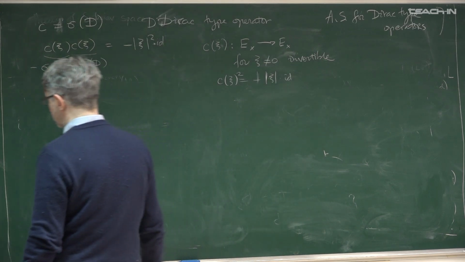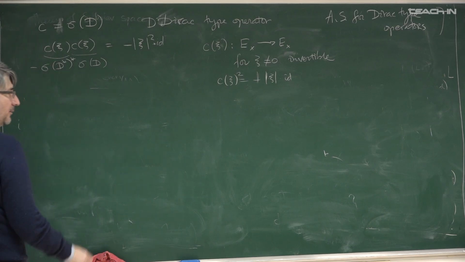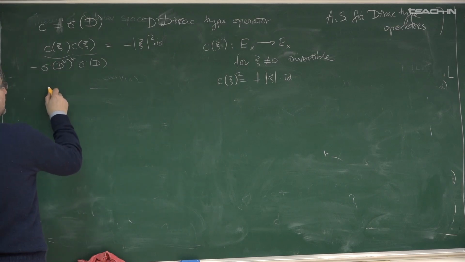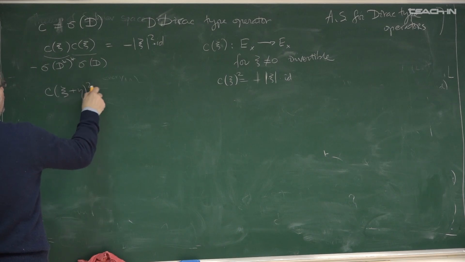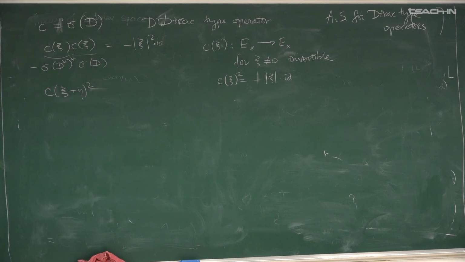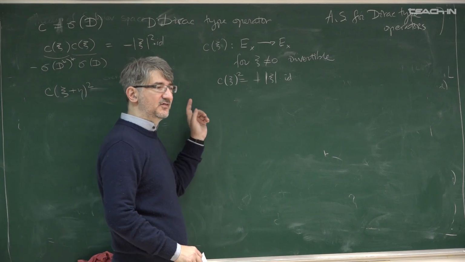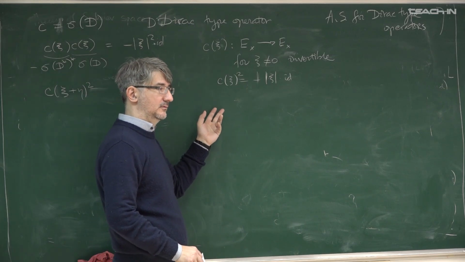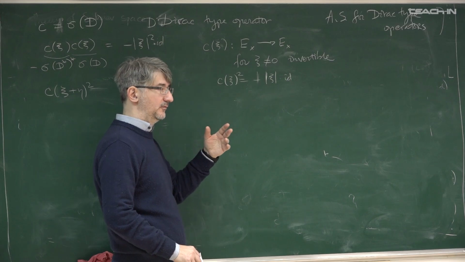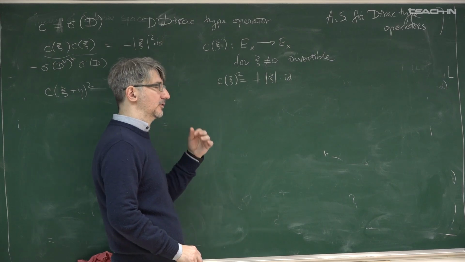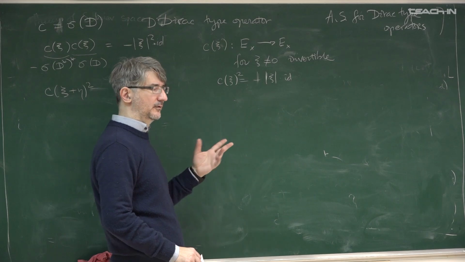Very good. Let me ask you, what happens if I consider C of xi plus eta squared? What happens? Since this is an operator of order 1, the symbol is linear in xi. Yes, because if it were of order 2, it would be quadratic, of order 3, cubic.